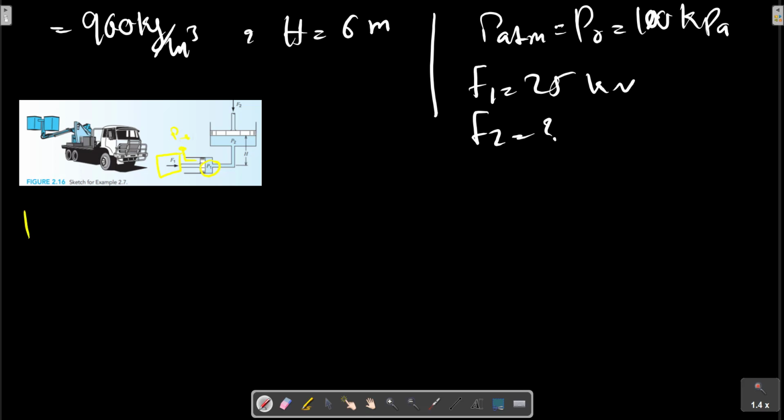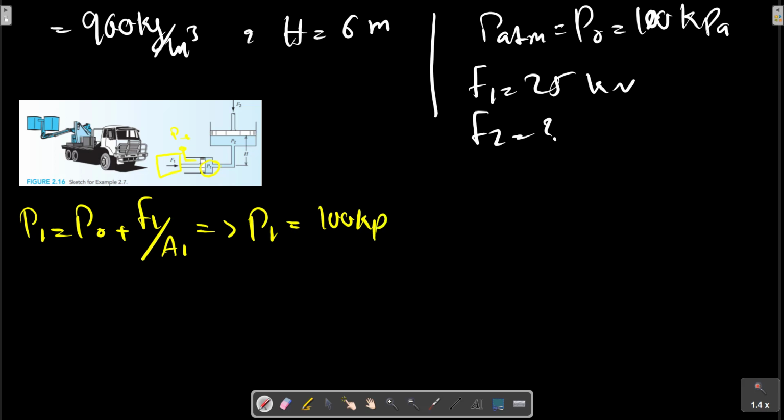At this point we can write P1 equals P0 plus F1 over A1. In this case P1 can be calculated: 100 kilopascal for P0, the force in kilonewton, and the area of the smaller piston, which was 100 meters square. So the magnitude of the pressure is in kilopascal.